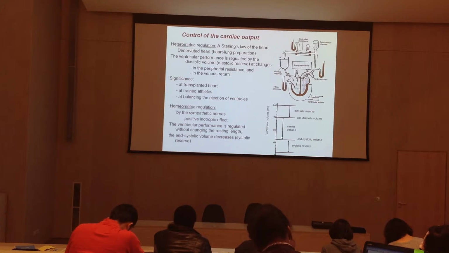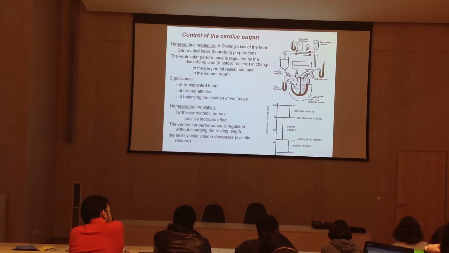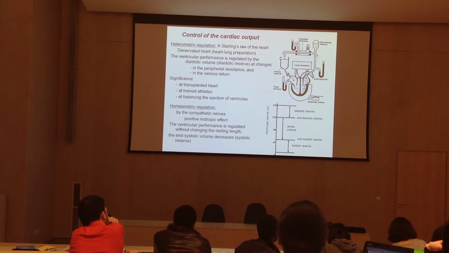At the end of the systole, a certain amount of blood remains in the ventricle, and at the end of the diastole, there would be some space for more blood, but it is not utilized. Okay, what happens if we increase the resting length and evoke this heterometric regulation?